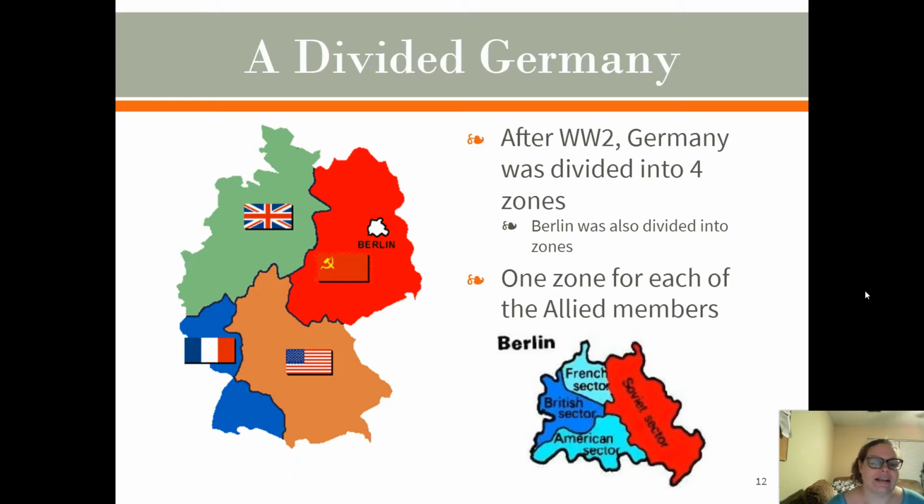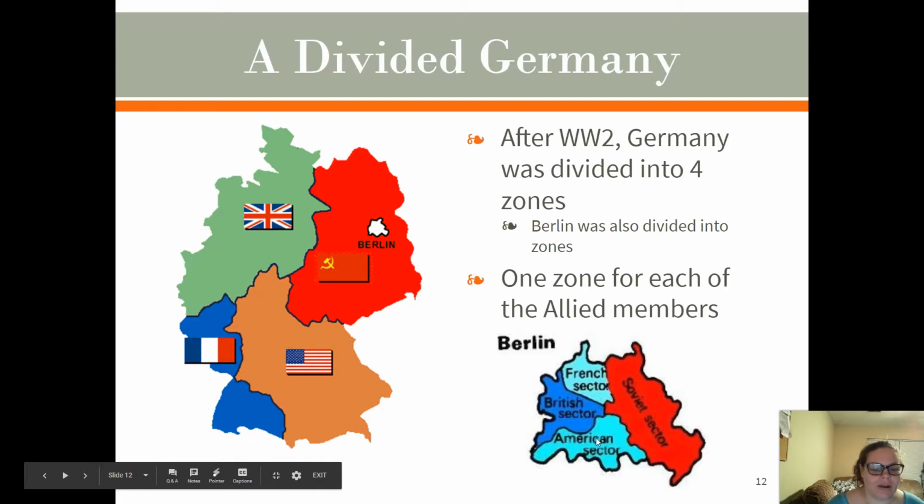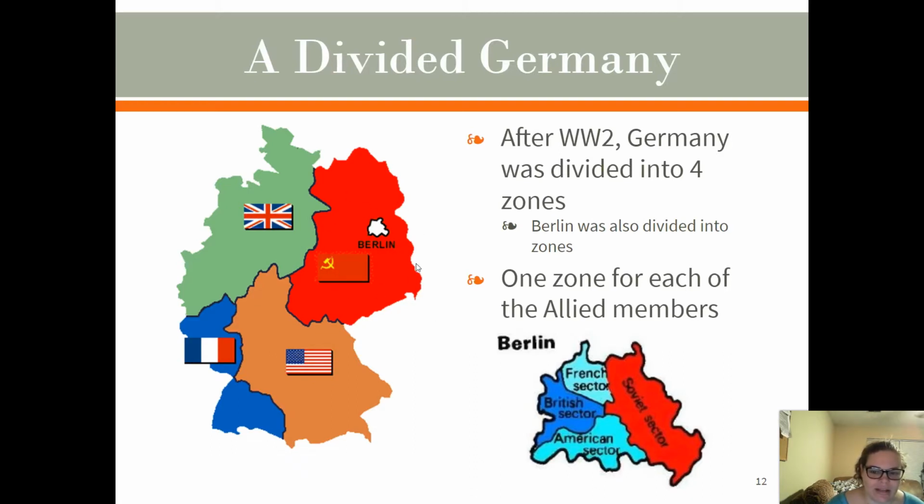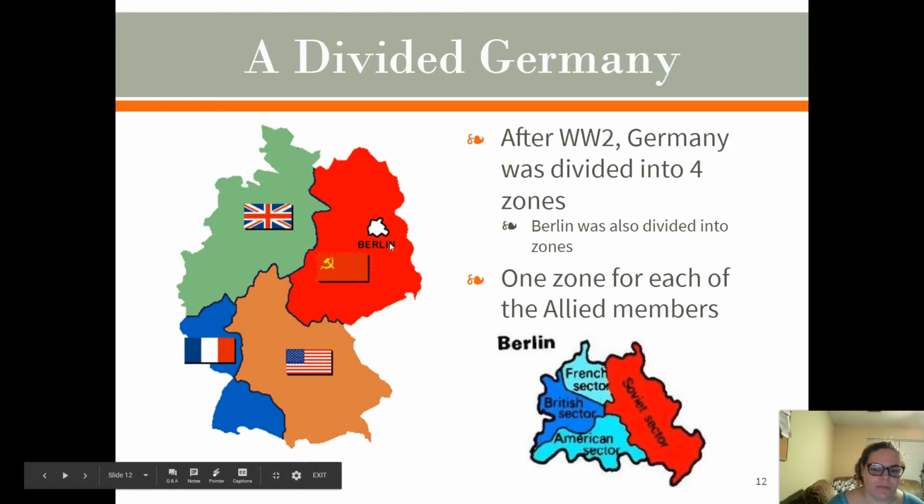And Stalin gets sick and tired of America, Britain, and France trying to influence his Soviet part of Germany through this area of Berlin, right? So basically what was happening is a lot of people were leaving the Soviet part of Germany and going into the democratic parts of Germany through this.